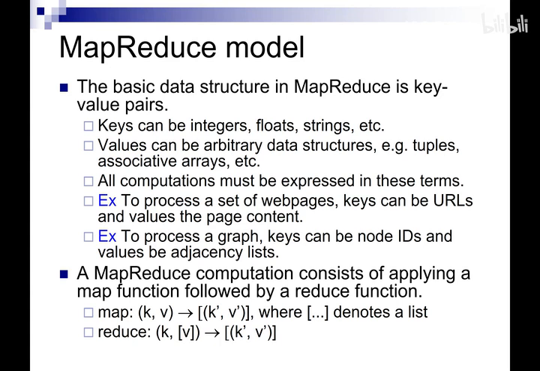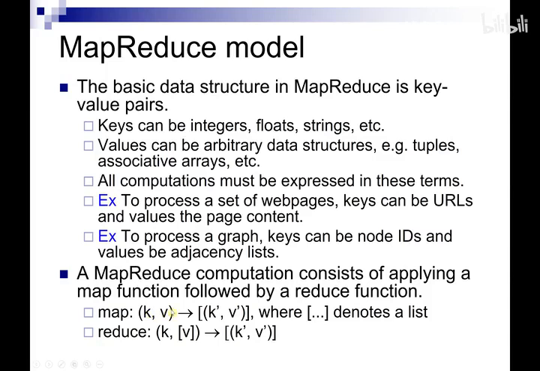A MapReduce computation has two parts. Just like this entire model is called MapReduce, there are two parts to a MapReduce computation, which are the map step and the reduce step. First of all, the map step is going to take a key-value pair, where K is a key and V is a value.